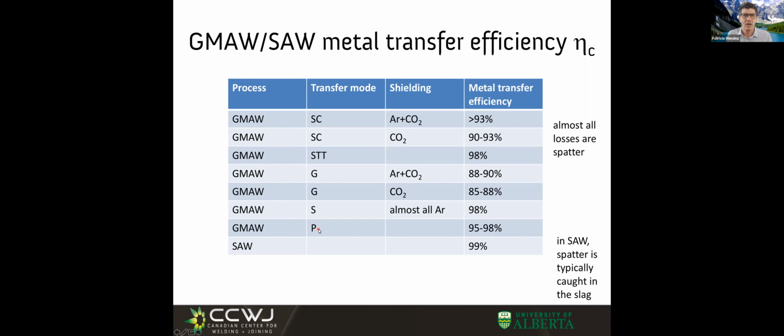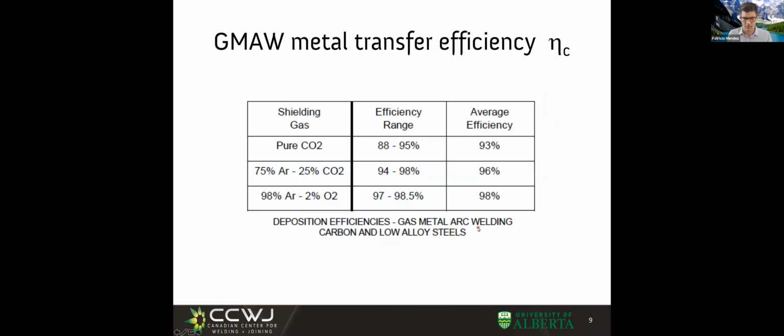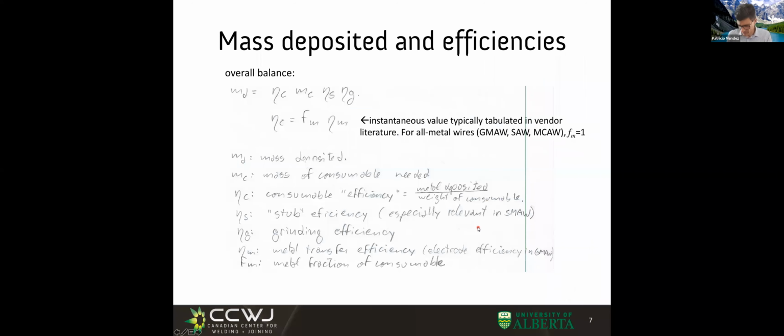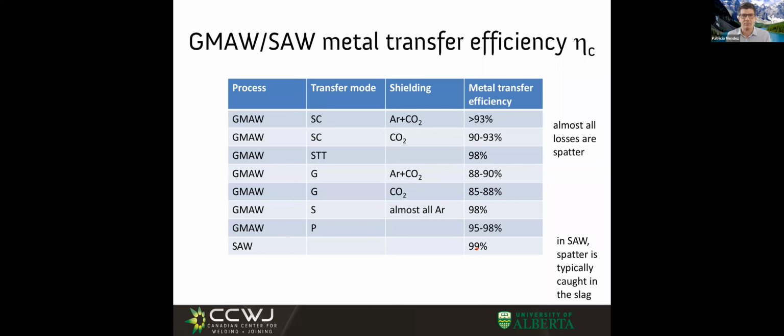Here it says pulsed MIG, that is free flight transfer, right? And that is comparable to spray transfer in efficiency, in the amount of low spatter. Subarc welding, 99% efficiency. Why? Because most of the spatter is caught by the slag wall, and then the metal spatter rolls down the side back to the weld pool.